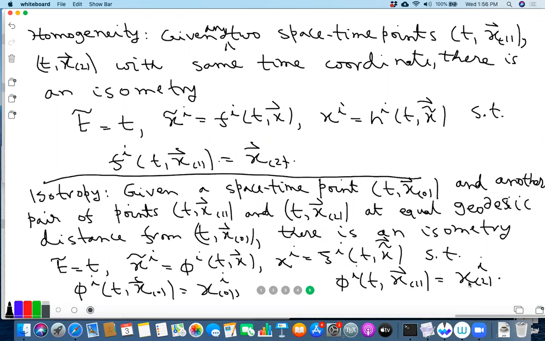Which basically is saying that this particular φ_i is first of all an isometry, that means the metric should preserve its form, and it should have the property that it keeps the point x naught fixed and moves x1 to x2.